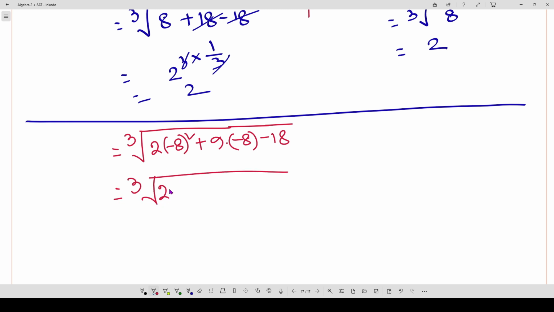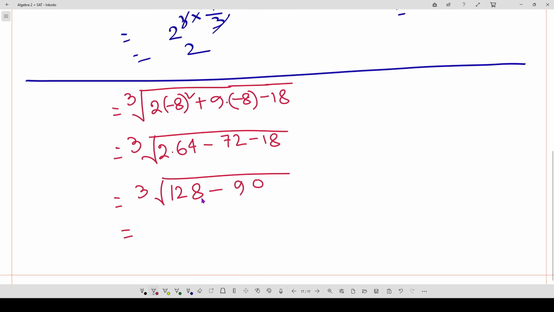So 2 times (−8)², it means 64, plus 9 times −8, plus and minus, it will be minus. 9 times 8 is 72. So the cubic root here is 64 times 2, which is 128, and here 2 plus 8 is 10, it means 0, carry 1, 7 plus 1 is 8, 8 plus 1 is 9, right?